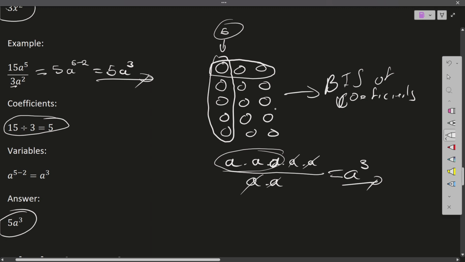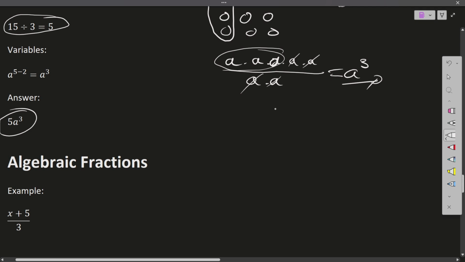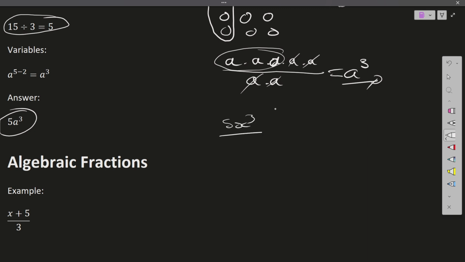I want to highlight something. Okay, so in algebra you can either say 5x to the power of 3 divided by 3x. This sign right here is a division sign. And 5x to the power of 3 over 3x, this here as well means division.